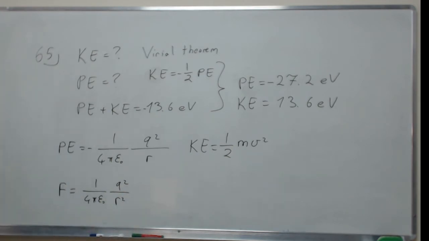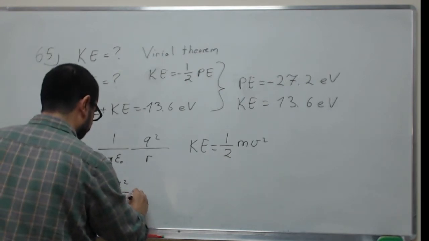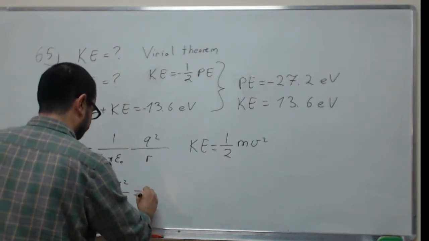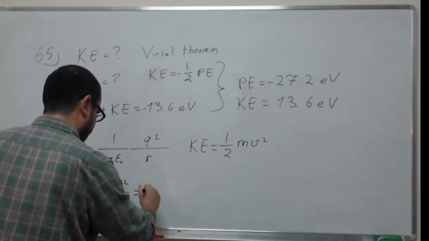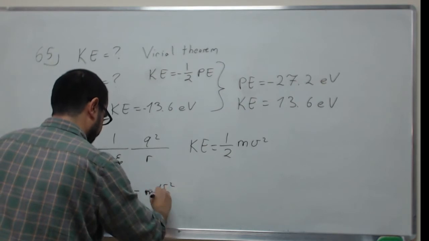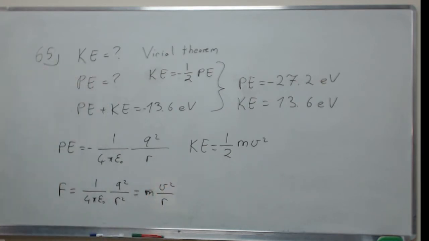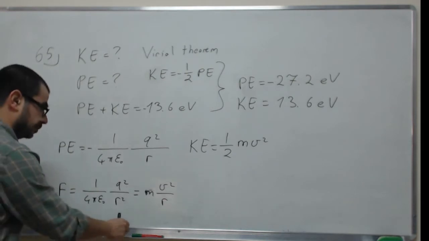This is just the Coulomb force, but because our electron is going on a circular orbit around the proton, this must be equal to the centripetal force, so m times v square by r. Okay, so I can make some cancellation here.